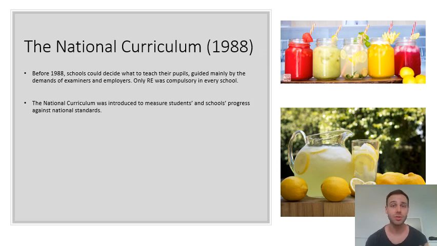And the idea was that if we can make everyone teach the same stuff and the same topics and the same content, and then we can examine students at the end of that time, we can see if a school has done a good job or a bad job, high quality or low quality education, good progress or not good progress, and if a student has done well versus other schools in the country, because everyone's learning the same, or at least should be.